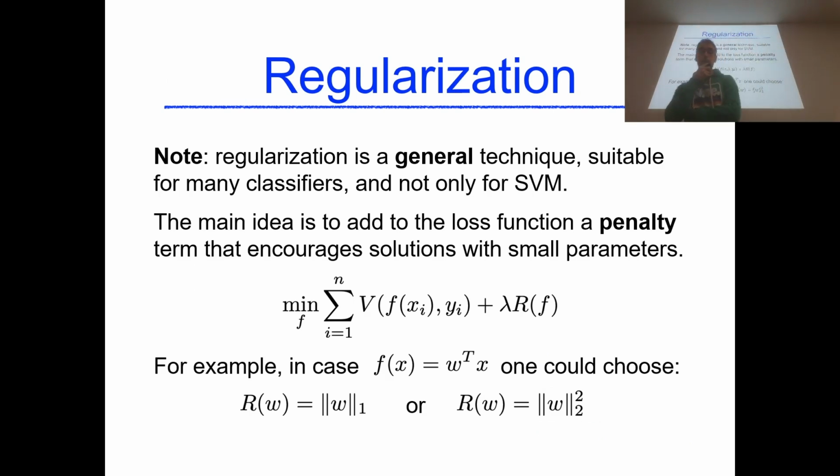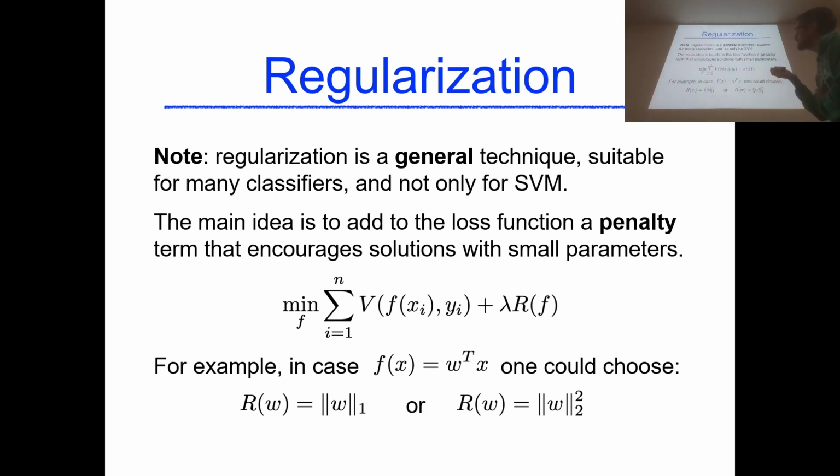So the idea of regularization is simply to add to the loss function, whatever loss function you are taking, a penalty. The objective of this penalty may be quite heterogeneous in practice. It depends on what you're trying to do, but generally, regularization means that you want small parameters in your solution.